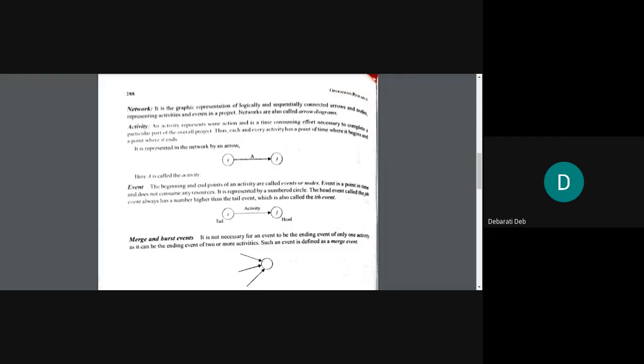The head event, called the jth event, always has a number higher than the tail event, which is also called the ith event. So it is understandable that the jth event number will be higher, because if the activity is starting today, this is day 1, the activity will end at the end of the month, say day 30.